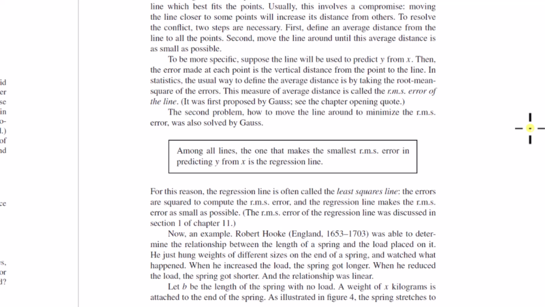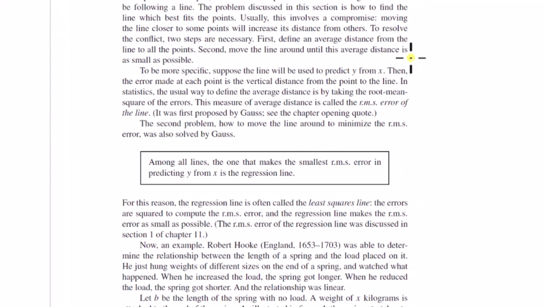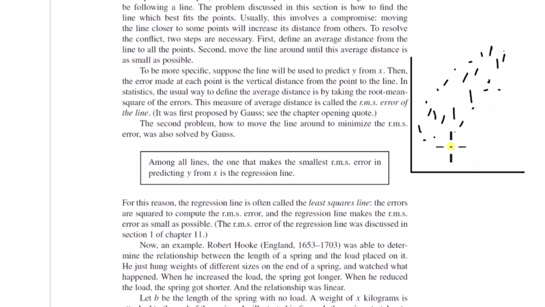Okay, so what are they saying here? Well, what they're saying is that if we've got a scatter plot of points that we want to perform linear regression with, we want to get the regression equation, or just get some specific points, however we want to do it.